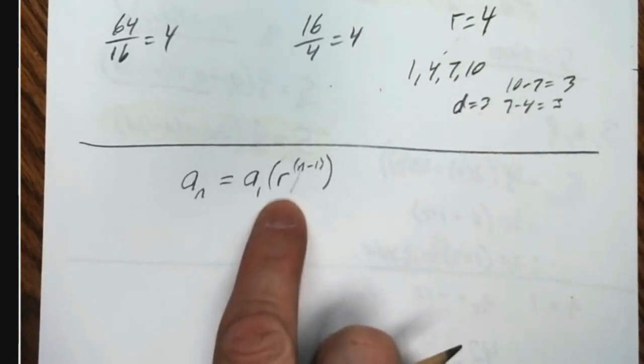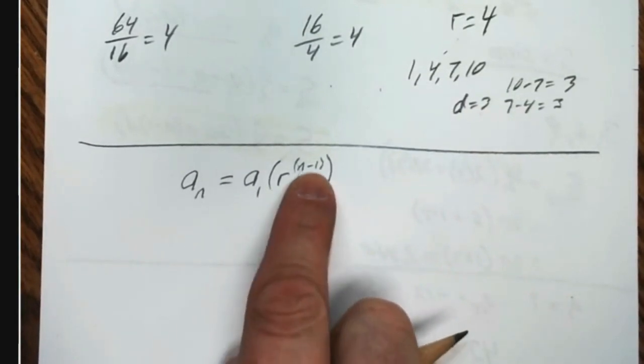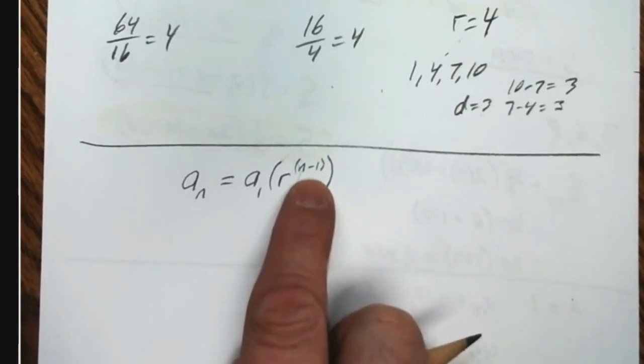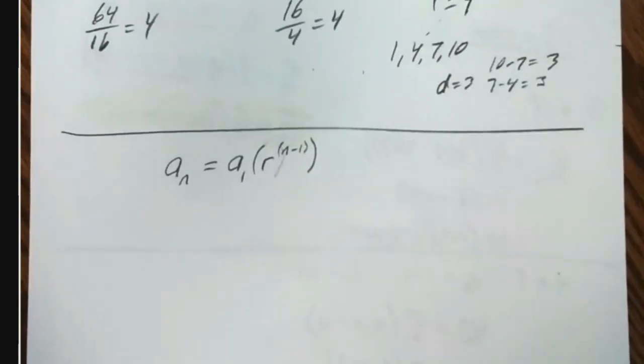So A is being multiplied by the common ratio raised to the power of n minus 1. If this is the fifth term, we're taking the ratio to the fourth power and multiplying it by the first term.